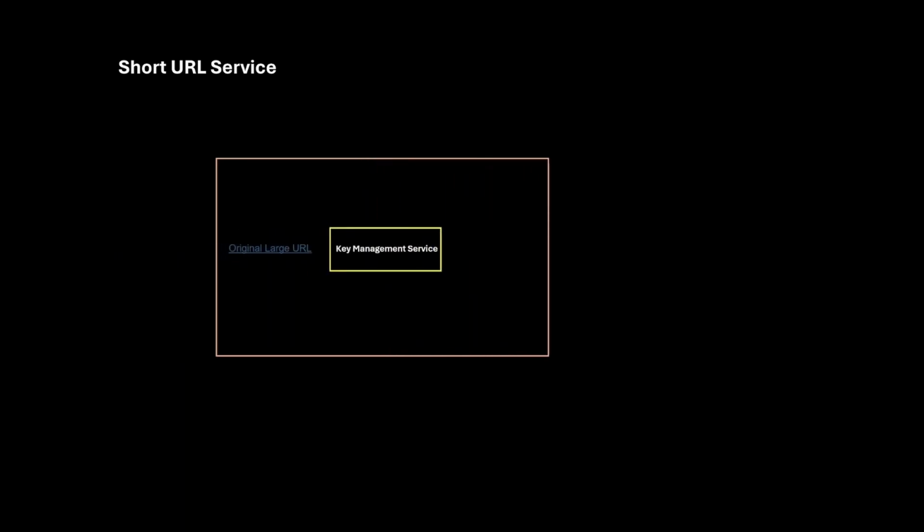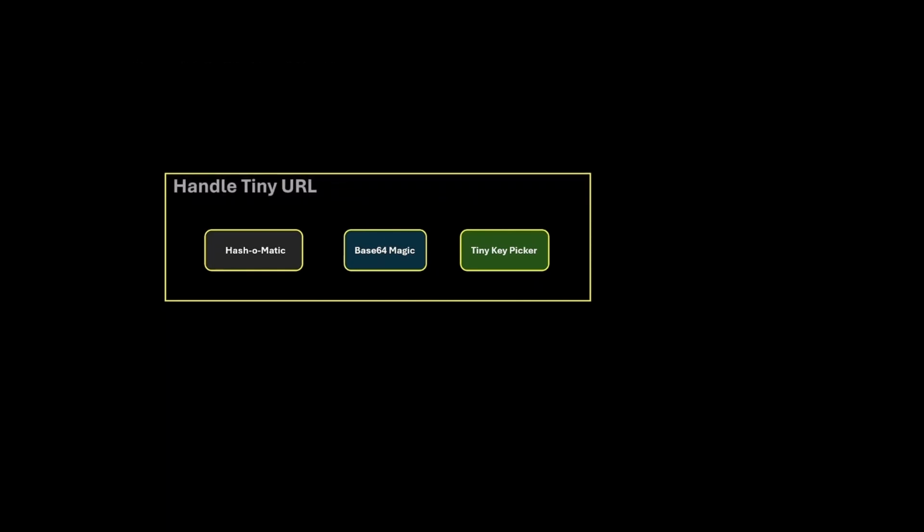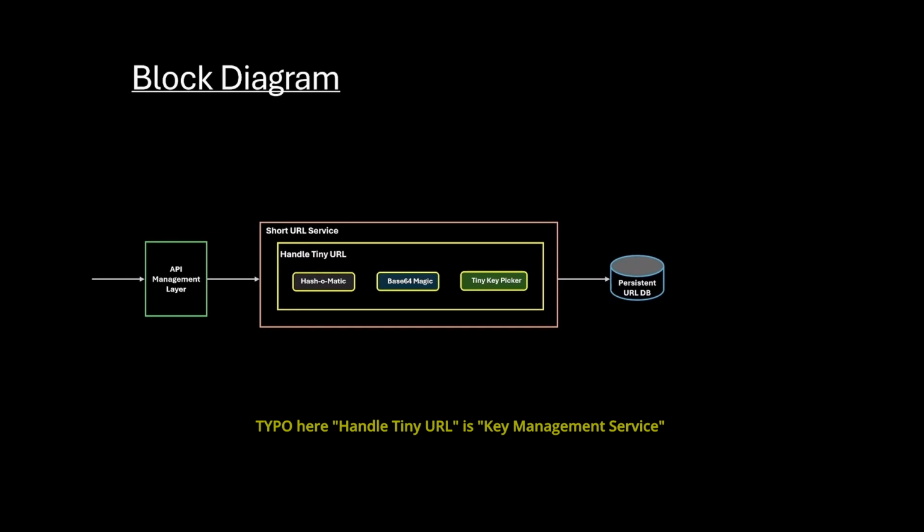This is the short URL service, where we discussed the key management service, which takes the long URL and creates the tiny URL, meaning the 7 characters. This key management service consists of 3 services: Ashomatic, Base 64, and tiny key picker, and that's what the tiny URL service is, which is inside the short URL service.